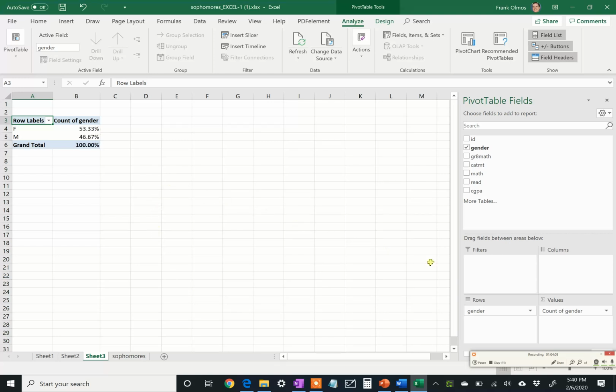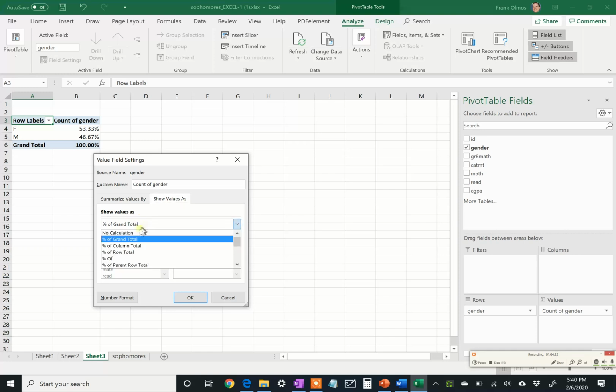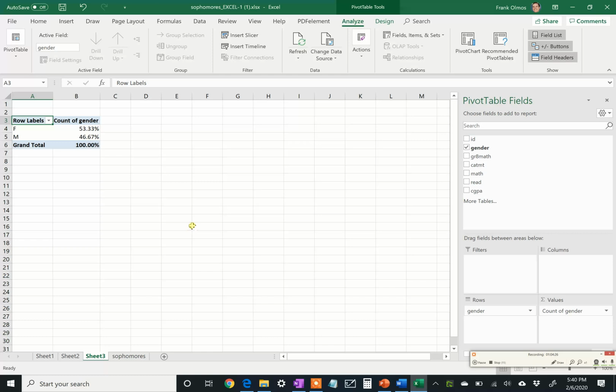Did you see what I did? I put gender on the values, and then in value field settings, it's count, and I identified it as percentage of grand total. The numbers are going to be different for the record, but remember, it's the same steps.